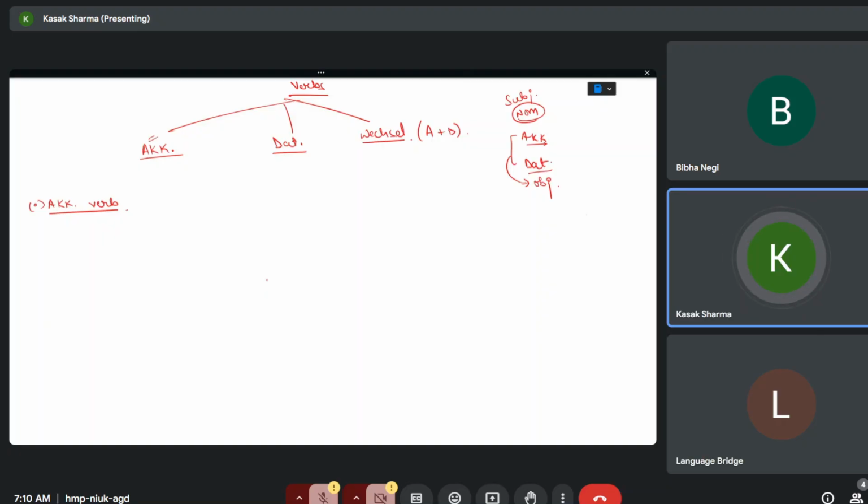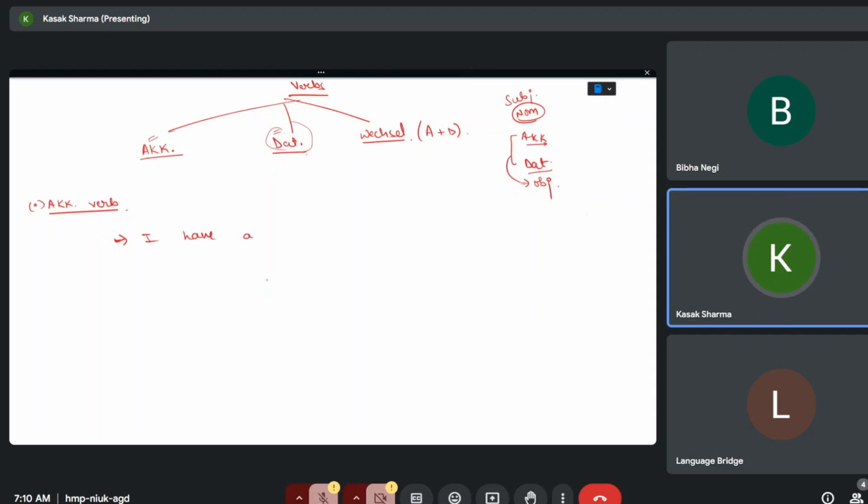Verbs decide this. If the verb used is an accusative verb, it will give accusative case to that particular object. Giving case means changing the article, nothing else. And whenever I'm using a dative verb, it will give dative case to that particular object.